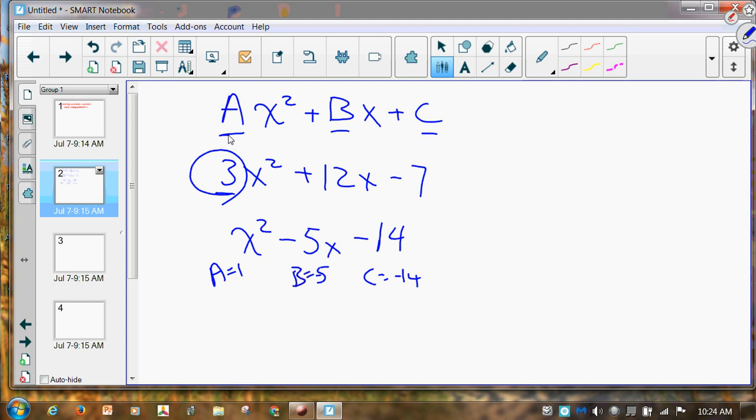Now, when it's in this form right here, we call this the standard form of the quadratic. In the standard form of a quadratic or any other higher order polynomial equation, you list the variable with the highest exponent first.